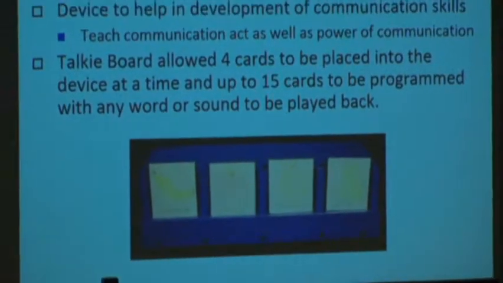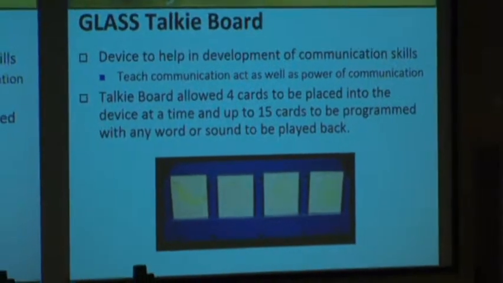So to give you an example, another project. This was the predecessor for the HERD device. And what happened is there's a device on the market, and I think it's $300 or $400, where it has 4 cards, and you put these 4 cards in the slots, similar to this.